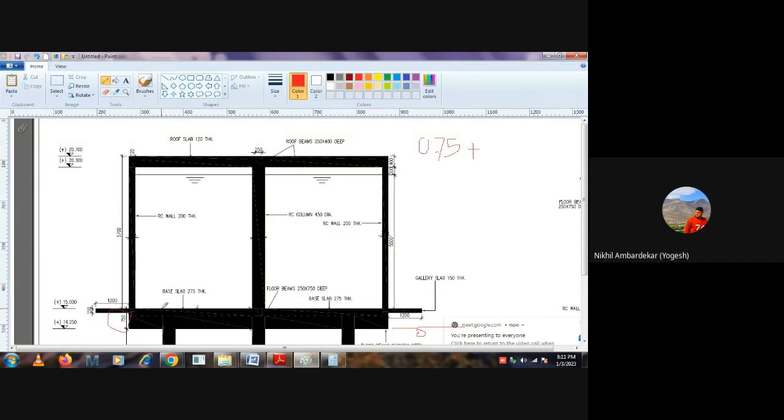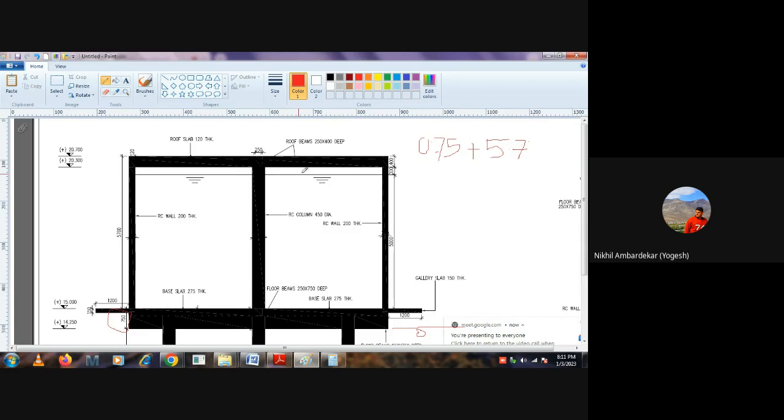From here to the top of the roof is 5.7 meter. The CG of the roof will be exactly at half of the thickness, correct? Yes, sir.